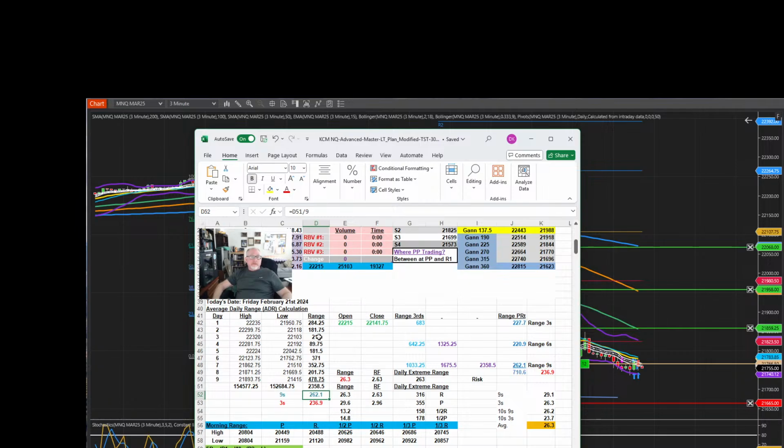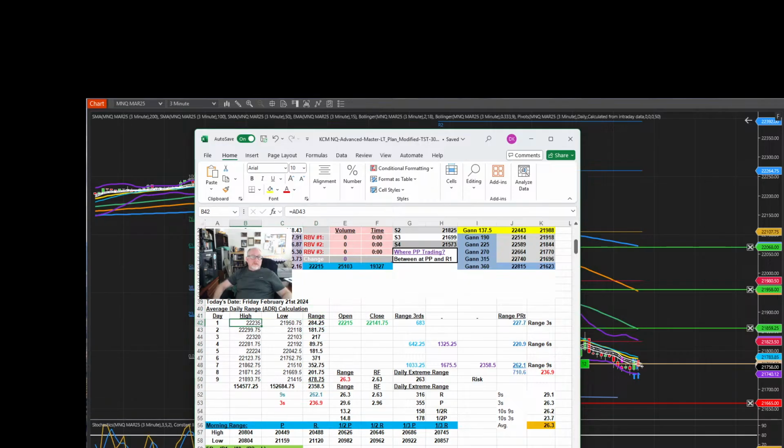So look, D51 divided by 9. So we take D51, which is these average ranges, all those added up. So this was a 217, 89, 181, 371, 352, 201.75, 478.75. All those added up is the highs versus the lows. This was the range of the day, right? 284.25.